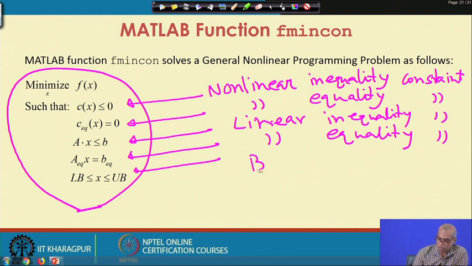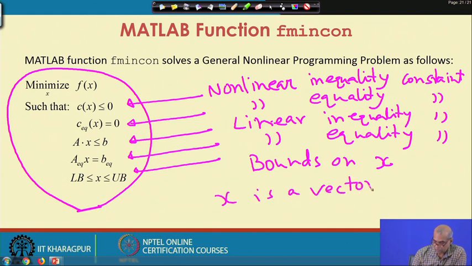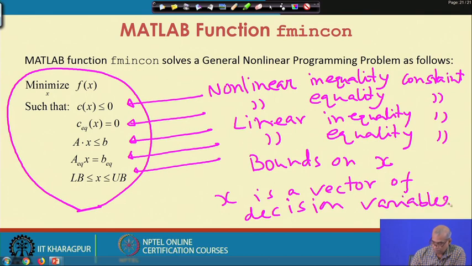So, you can write bounds on the decision variable x. x is a vector of decision variables. f(x) may be a nonlinear objective function.